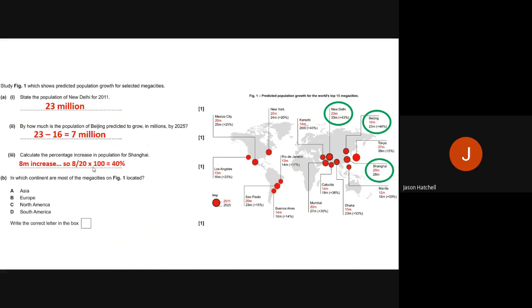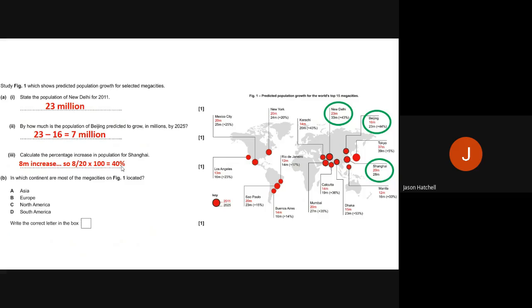You would look for the 8 million increase. Okay, so we know that it's gone from 20 to 28, so that's an 8 million increase.